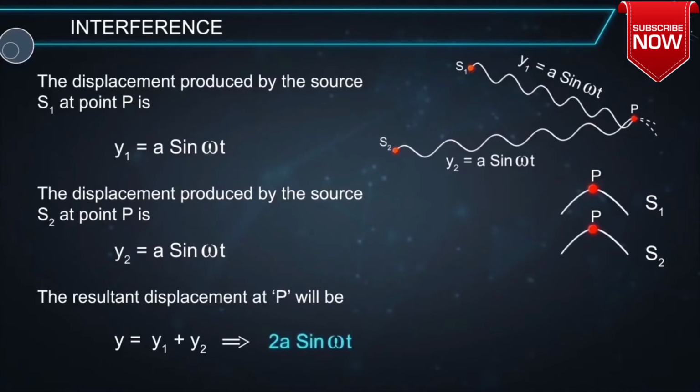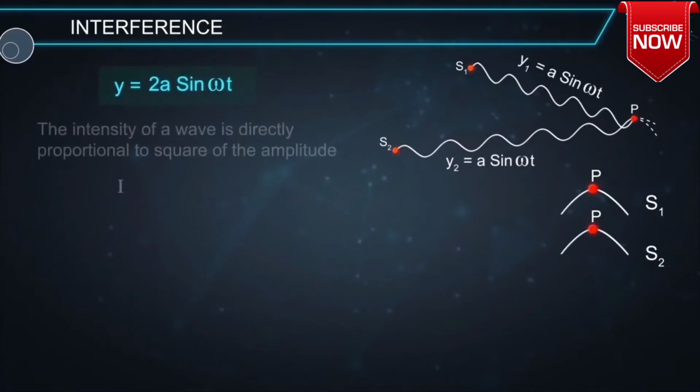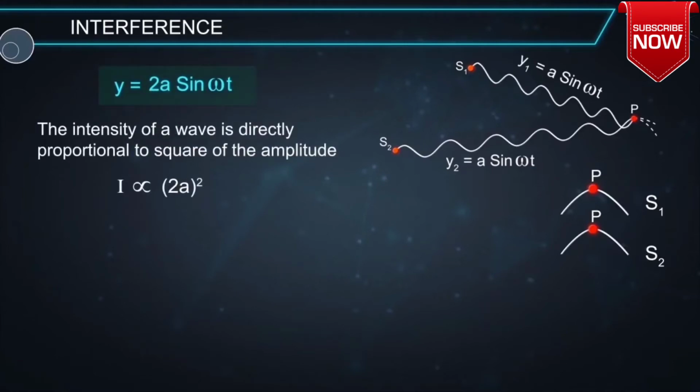Since the intensity of a wave is directly proportional to the square of its amplitude, if I0 is the intensity of the individual wave, then I0 is directly proportional to a square.